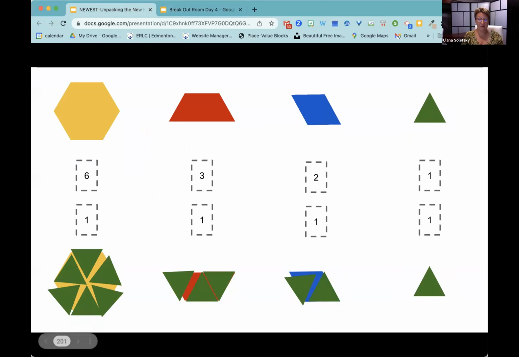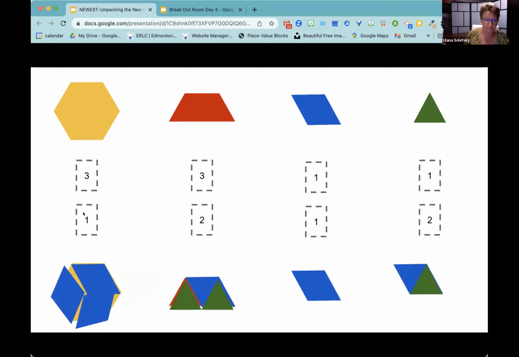Okay, welcome back, everybody. I have to apologize, I left the yellow hexagon at the bottom of every slide, and we needed to remove that. But I wanted to talk about the next one. For example, if this green is 1, that would mean this blue is 2 ones, this red would be 3 ones, and this yellow would be 6.